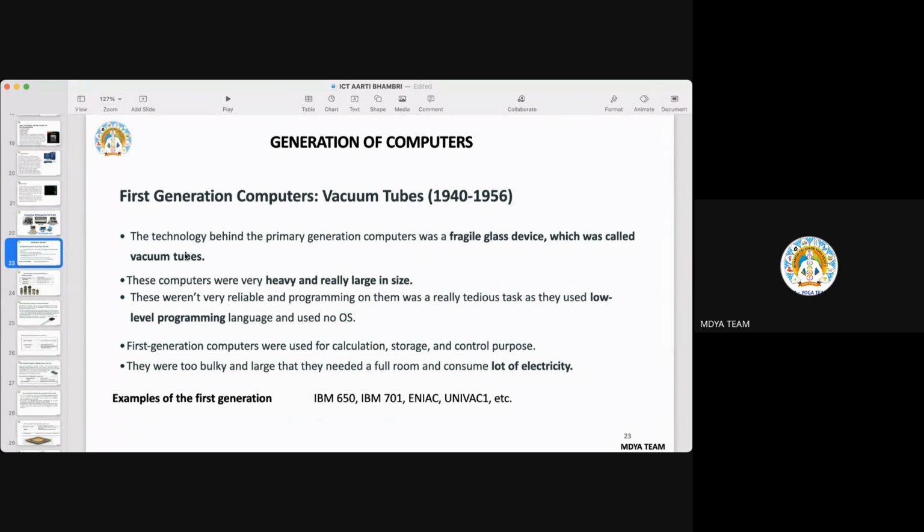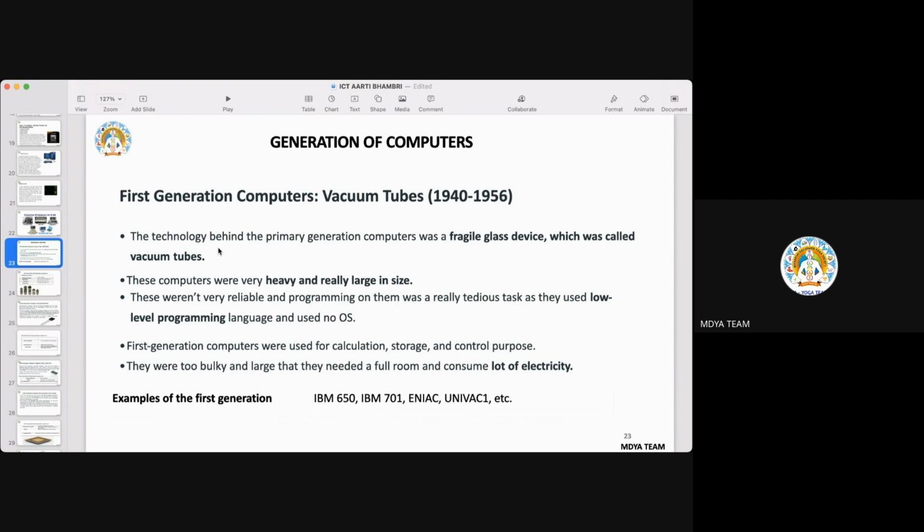So what I was saying, they use vacuum tubes. Vacuum means absence of air. There is a fragile glass tube, called vacuum because there was no air inside. They are large in size, heavy, and need very careful handling.